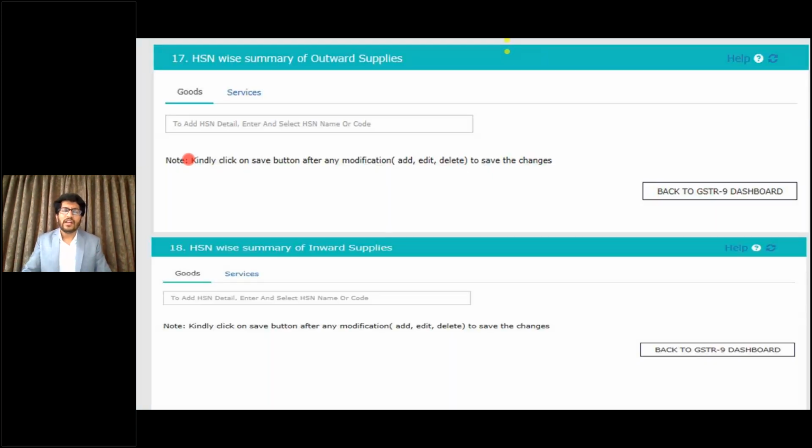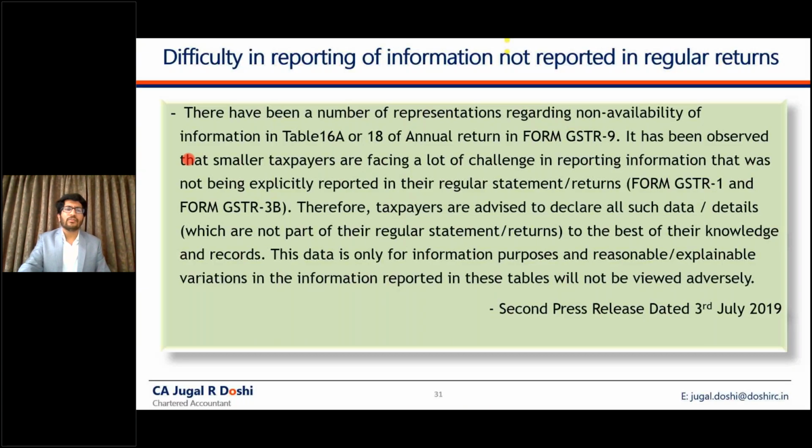However, the government has understood that it is not possible for small taxpayers to maintain this data, and hence they have provided an exemption through a press release. Through this press release, they have said that they would not take any adverse action for not reporting information under tables 16A to 18.